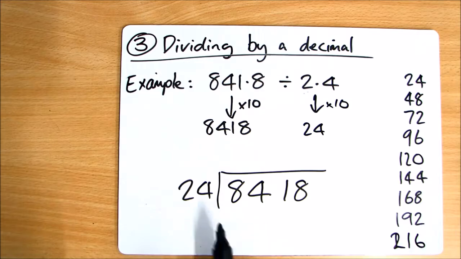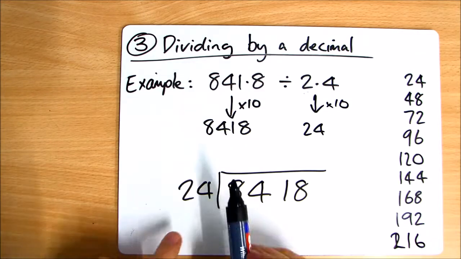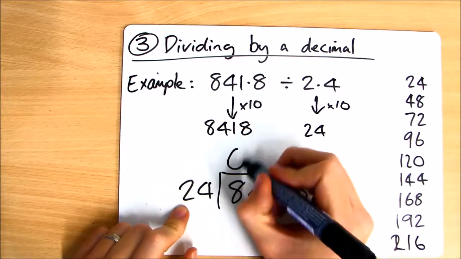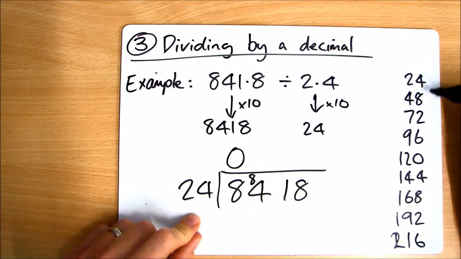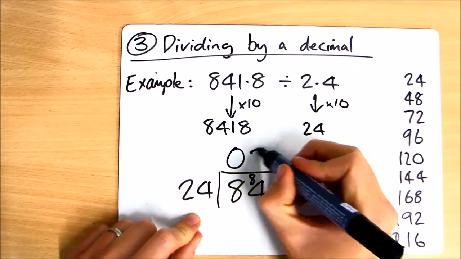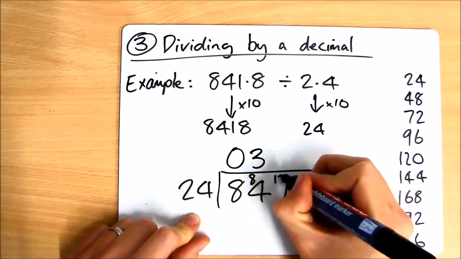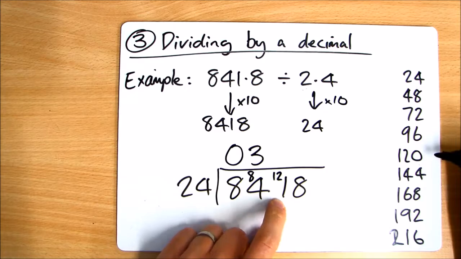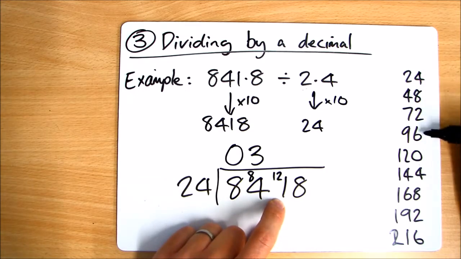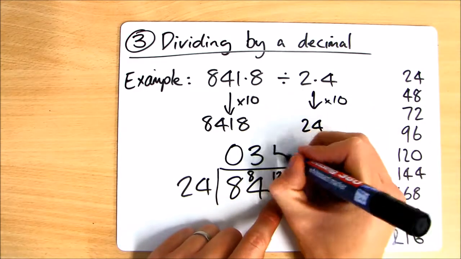Okay, so let's have a look at this one. 24s into 8, none. 8 remainder. How many 24s in 84? 1, 2, 3. This time a remainder of 12. How many 24s in 121? 1, 2, 3, 4, 5.